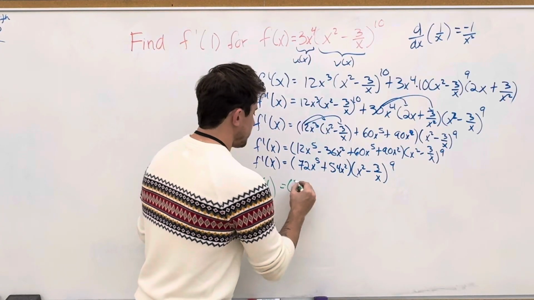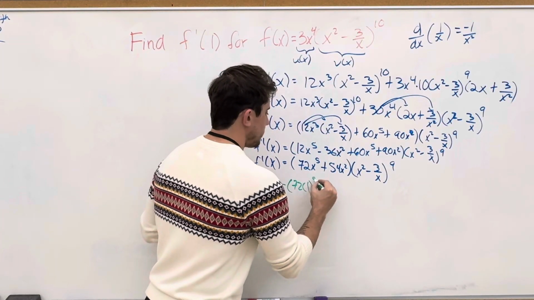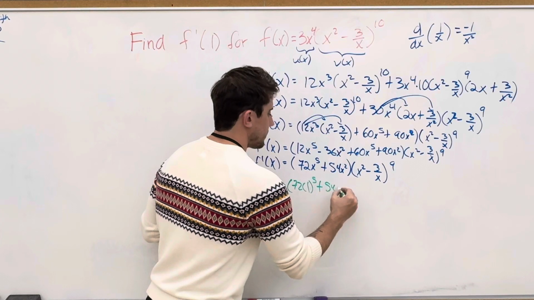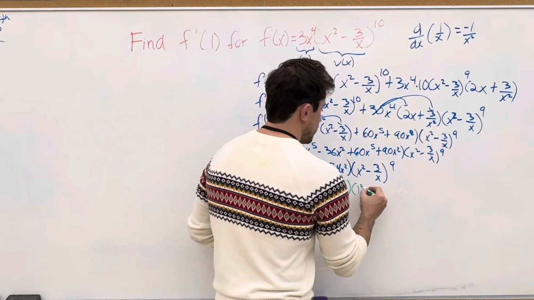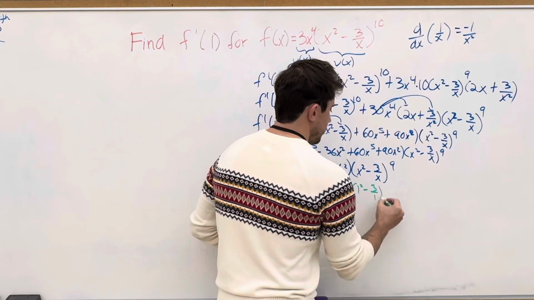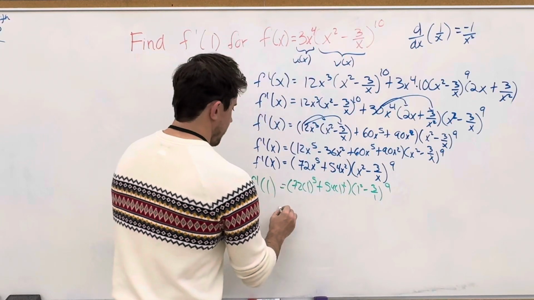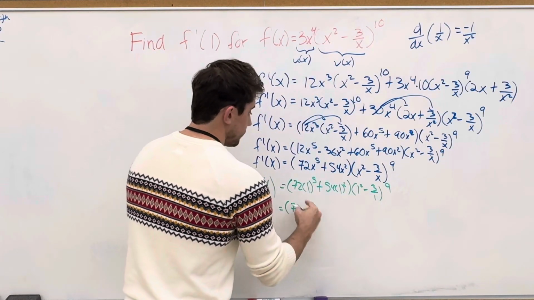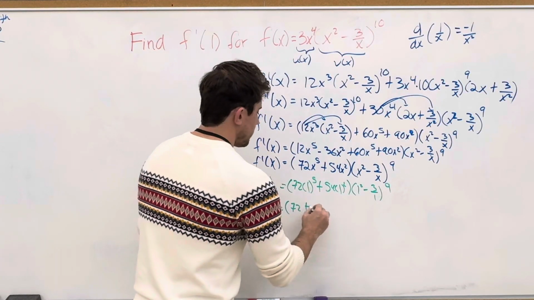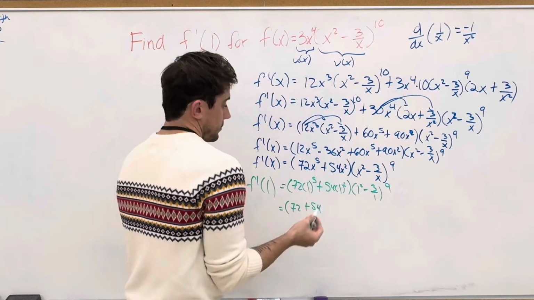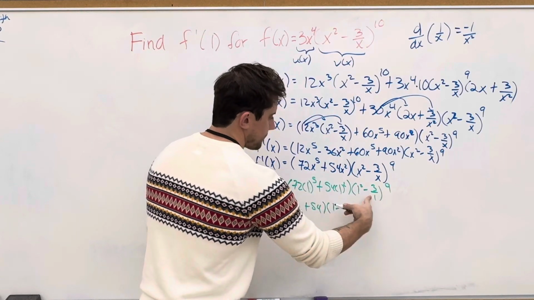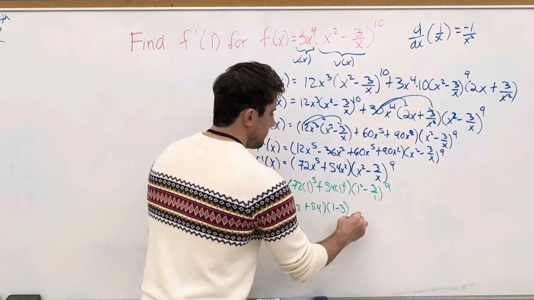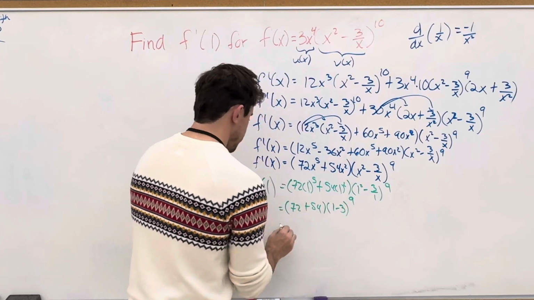And so we'll have 72 times 1 to the power 5 plus 54 times 1 squared, all times 1 squared minus 3 over 1 to the power of 9. That means 72, 1 to the 5 is 1, plus 54, 1 to the 2 is 1, times 1 minus 3 to the power of 9.